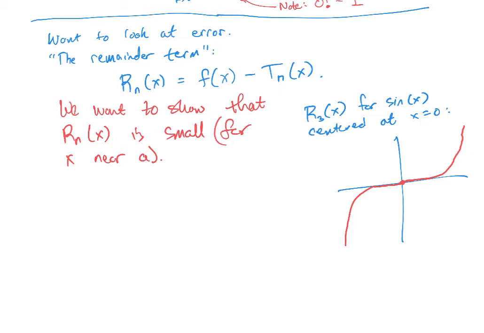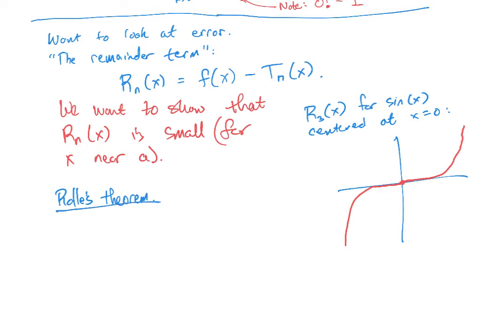Now, we are going to prove what's called the remainder theorem, which will give us bounds on this. You might remember that from calculus. In the proof, we're going to need Rolle's theorem. And I would hope some of you might remember this from last semester.